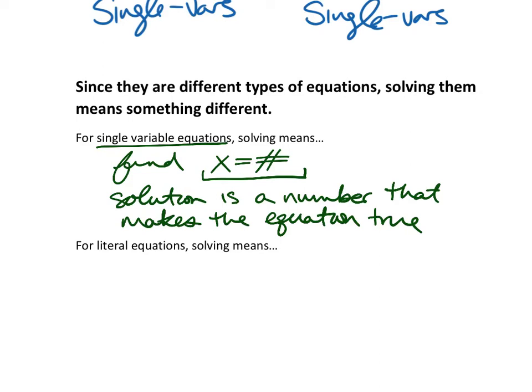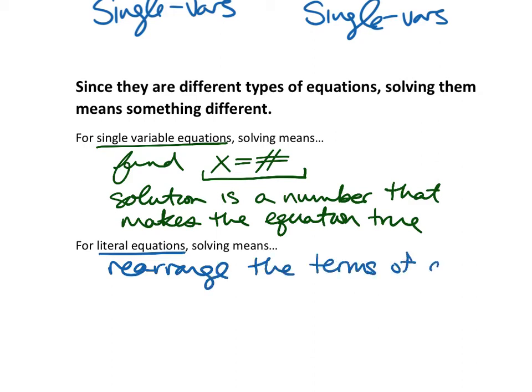But for literal equations, solving does not mean to find a number. Solving a literal equation means that we are going to rearrange the terms of an equation so that the variable is by itself or is isolated.